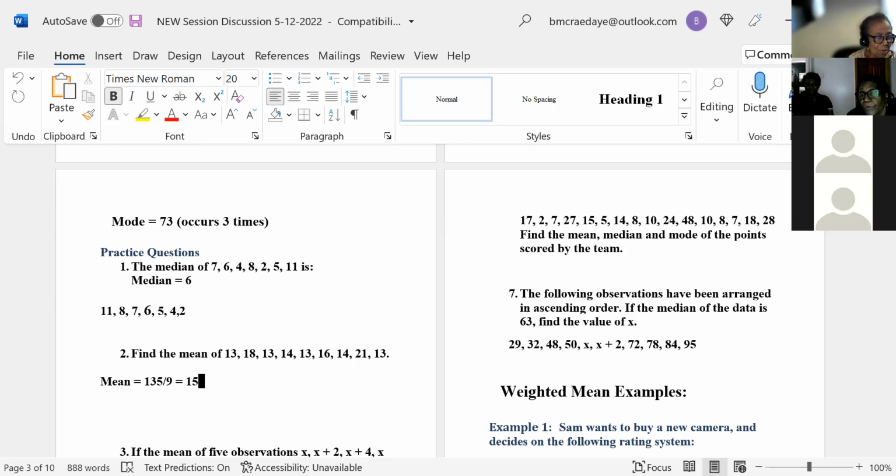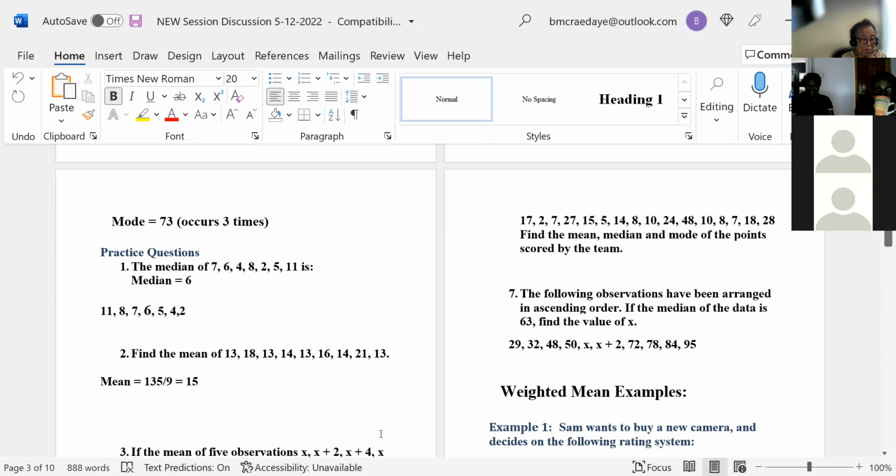And so what's the mode of this set of data right here? 13. Because it appears 3 times. No, 4 times. 1, 2, 3, 4. So the mode is 13.